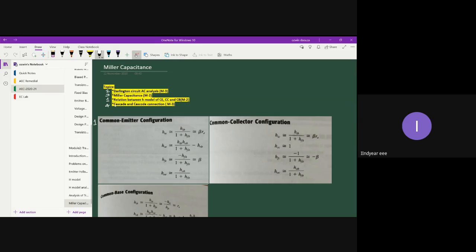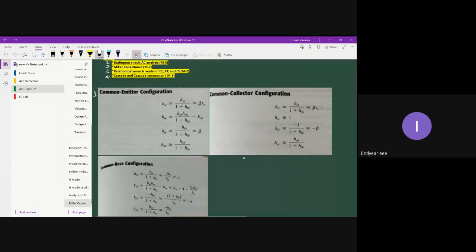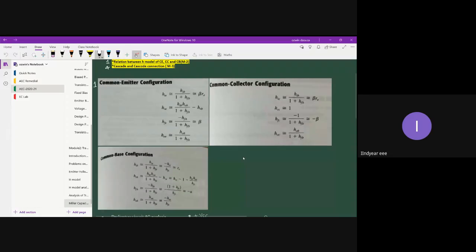Okay, fine. So first let me take up the first one, that is relation between H model of CE, CC, and CB. Relationship in the sense, if you look at common emitter configuration, what is the counterpart of H parameters of common emitter configuration in common base configuration?